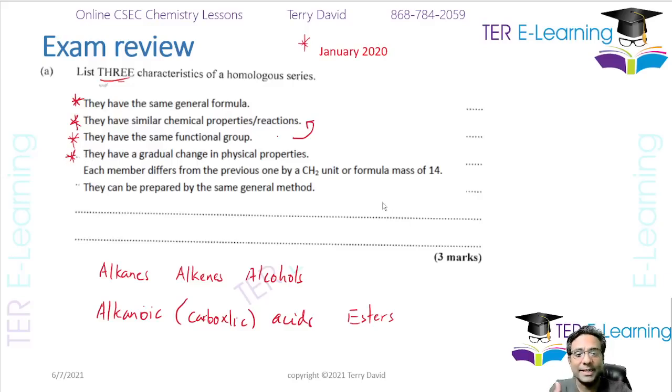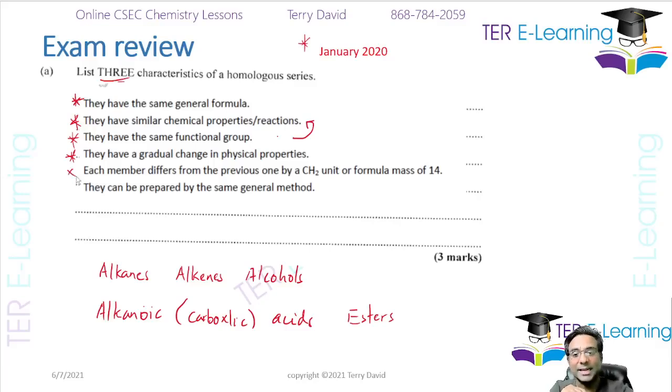What that means is that the first few members might be gases, then the next few might be liquids, and then it might change into solid. So there's a gradual change in physical properties within the homologous series. They don't have the same physical properties, there's a change. Your boiling point can increase, your melting point can increase, your viscosity can increase. So those are physical properties. Your physical properties vary, chemical properties are the same.